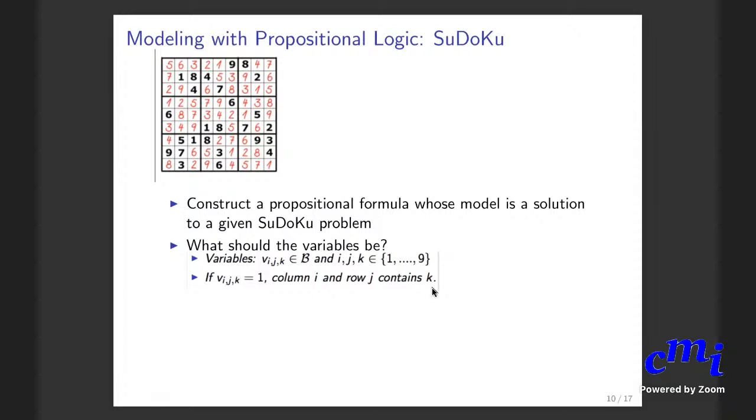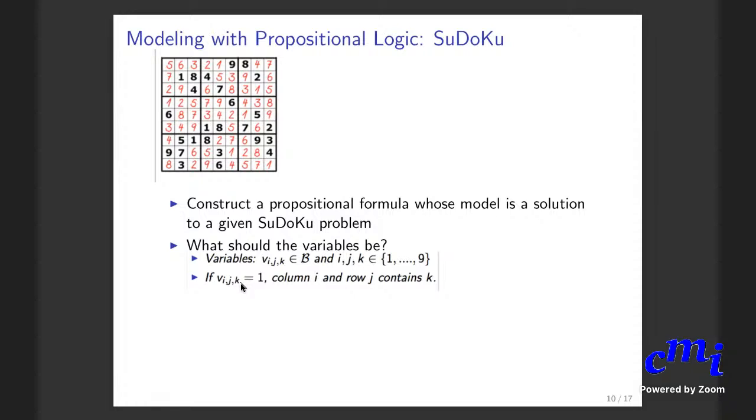That's the digit that is placed in that cell. Of course, this itself has to be a propositional variable. So we'll have to say that Vijk is equal to 1 if column i, row j contains the number k. So I made these things as indices.